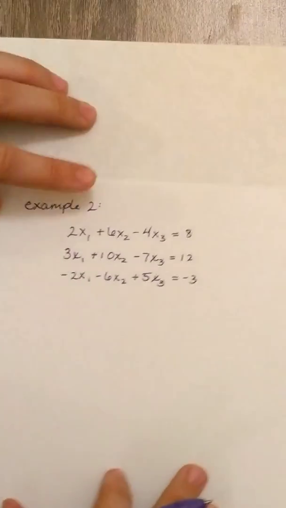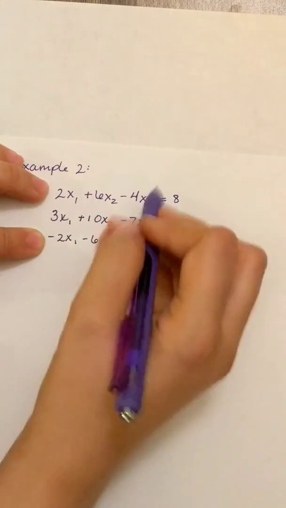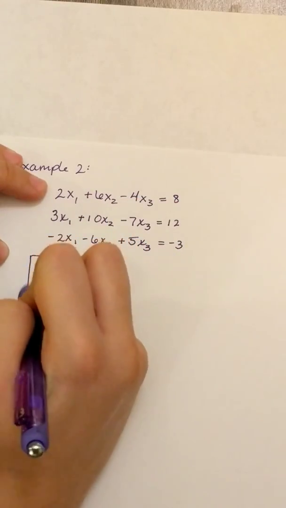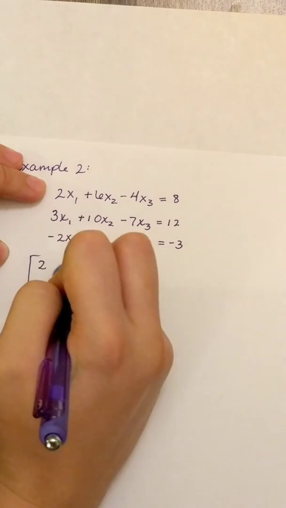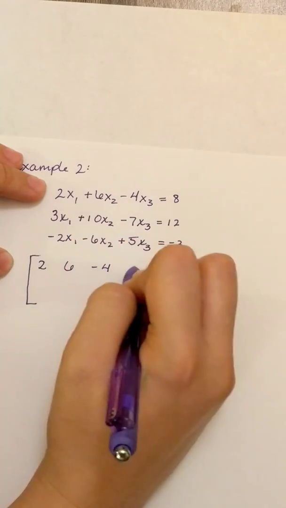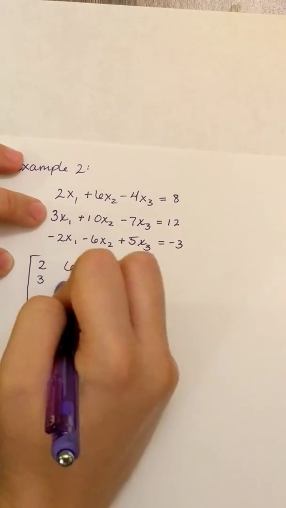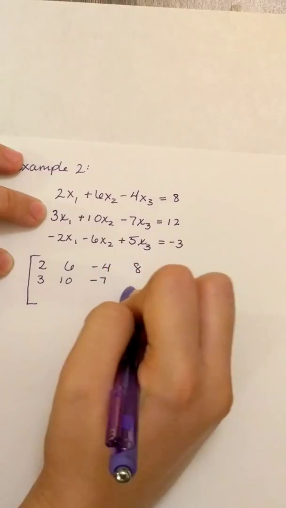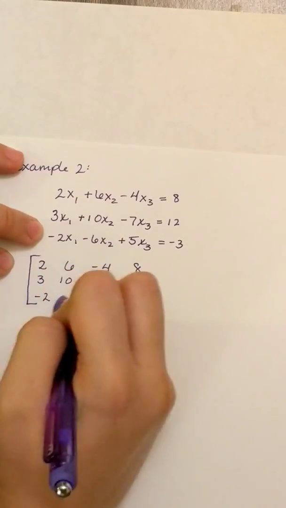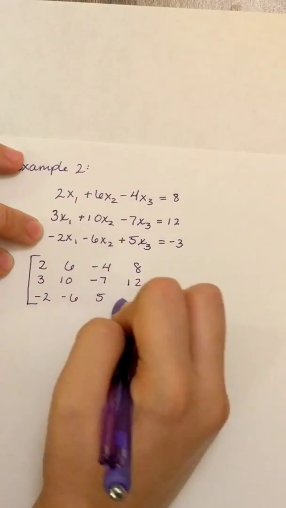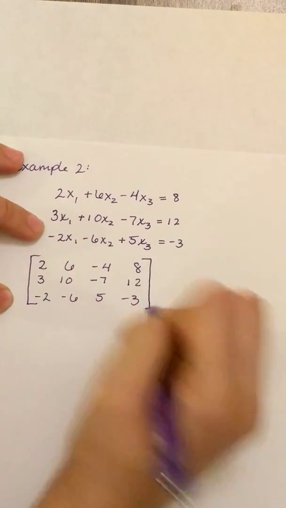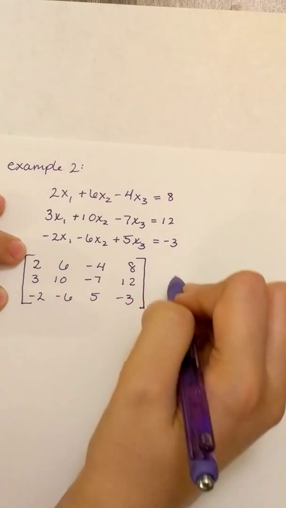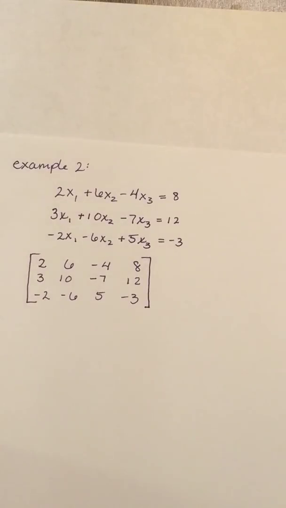Okay, so I'm going to do the same thing. I'm going to take all my coefficients and put them into a matrix. So 2, 6, -4, 8, 3, 10, -7, 12, -2, -6, 5, -3. So I just went ahead and augmented it.